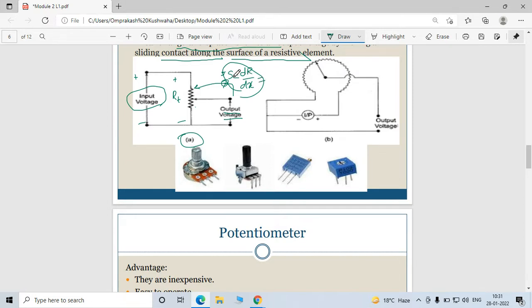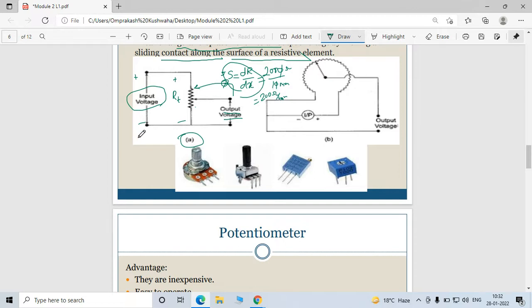For example, if I consider the resistance is 2 kilo ohm, which is 2000 ohm, and I'm changing this port terminal by 10 mm, you will find this is 200 ohm per mm. Means when you slide this port by 1 mm, you are changing the resistance by 200 ohm.